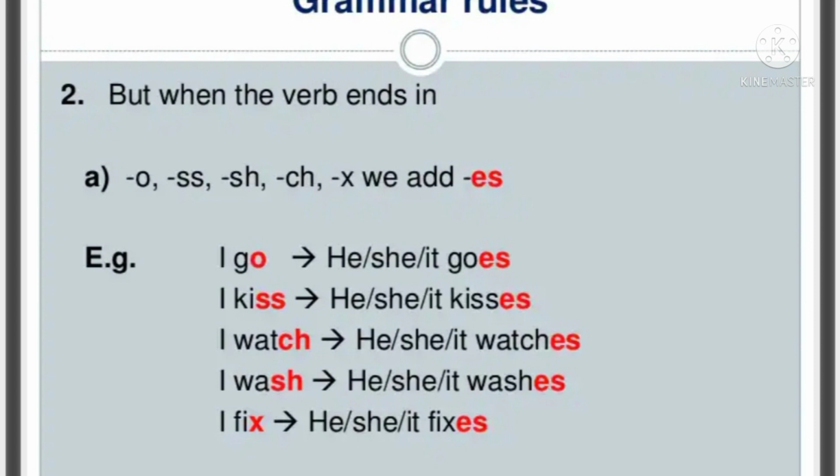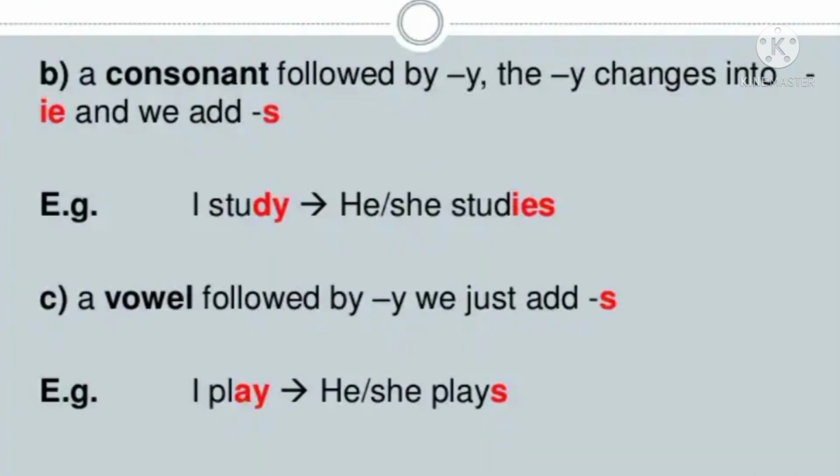So we use es along with words which end in o, double s, sh, ch, x, etc.